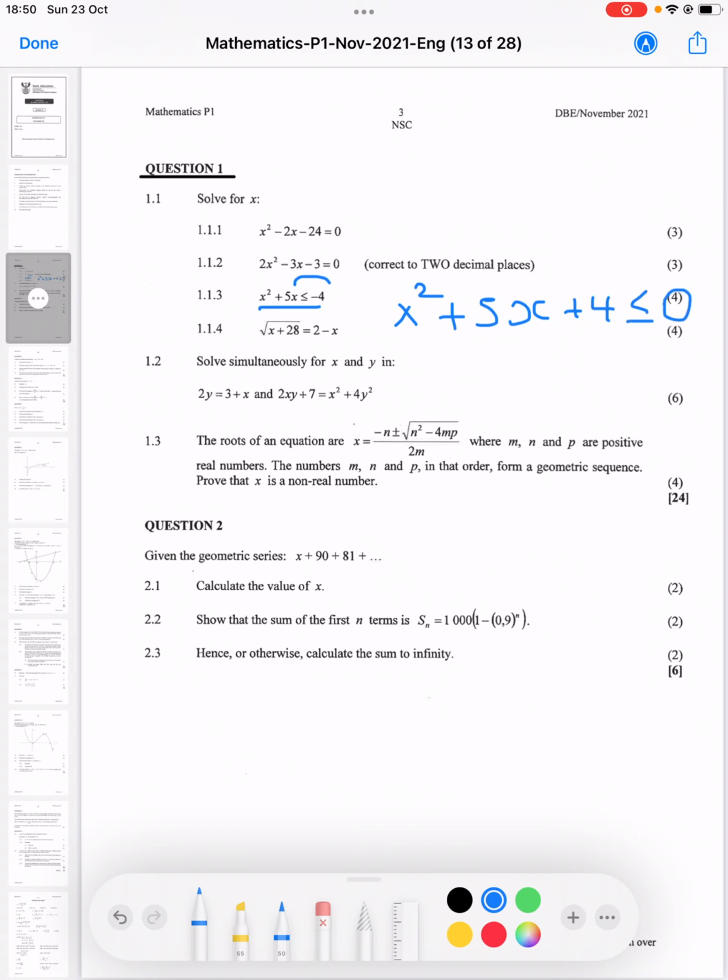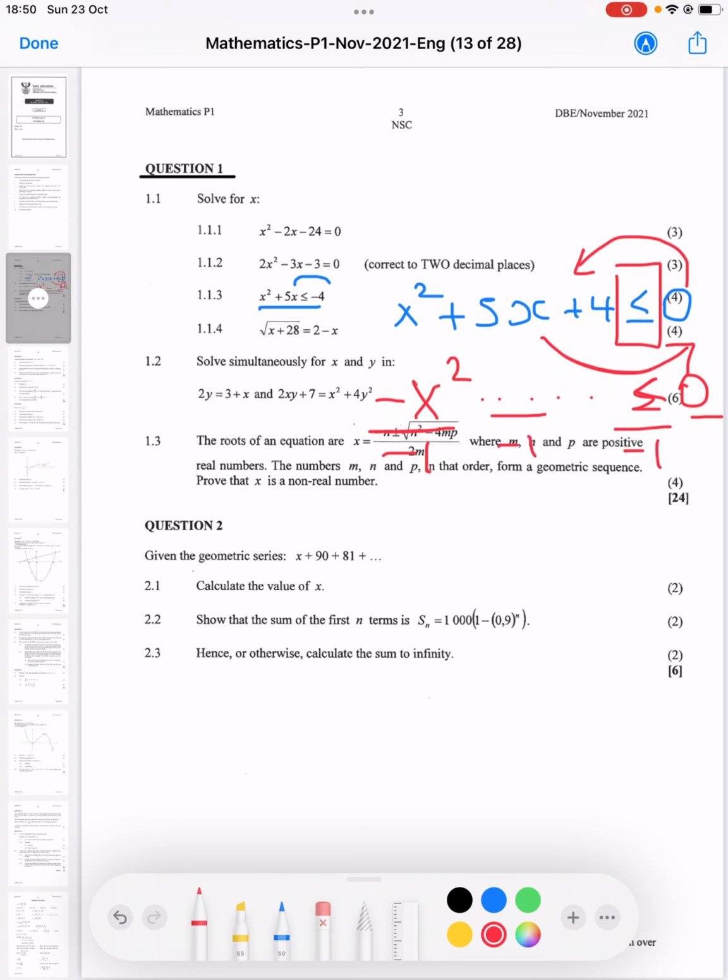This inequality sign does not change when you transpose. When you move something to the other side, it does not change. It only changes if, for example, you had negative x there and then the inequality sign. When you divide by negative 1 on all the terms, it changes the sign also. So that means you are changing that sign.